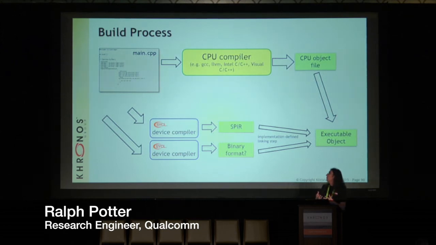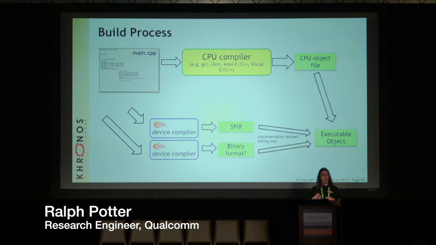So let's talk a little bit about exactly what's going on when we compile that file that I just showed you. This could all be integrated into one compiler, but conceptually it's easiest to think of it as 2. Your code will be compiled by a CPU compiler. That could be your choice of CPU compiler.